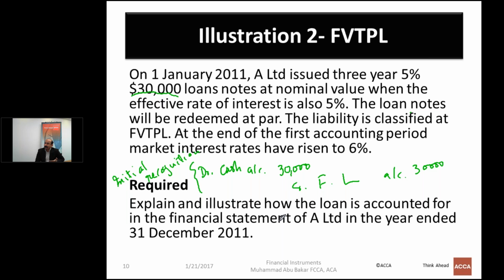So subsequently, here it is mentioned what will happen at the end of the first year. Okay, let's use an empty slide. So this illustration should be in front of you. We shall be using the same format.